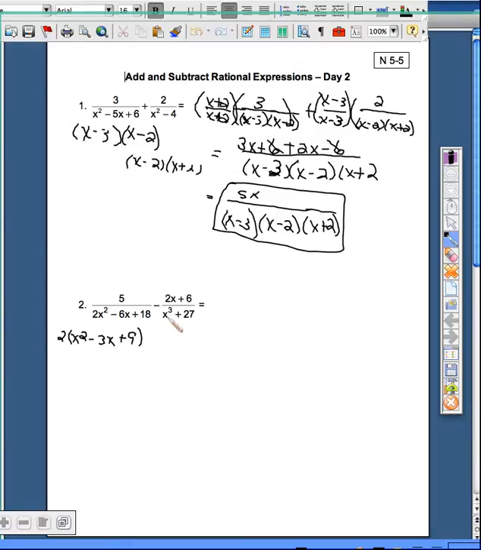It has to stay. Now this is a sum of cubes, so that's going to factor, and I'm going to come over here underneath just like I did before. The cube root, a in this case, is x, and b is 3. So we have x plus 3, if you remember from lesson 2.